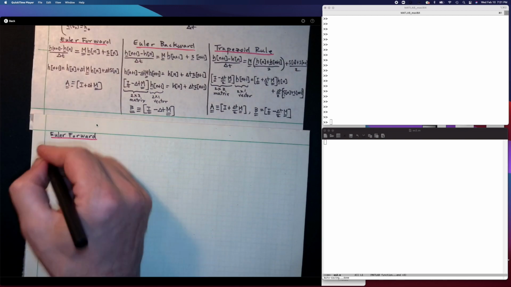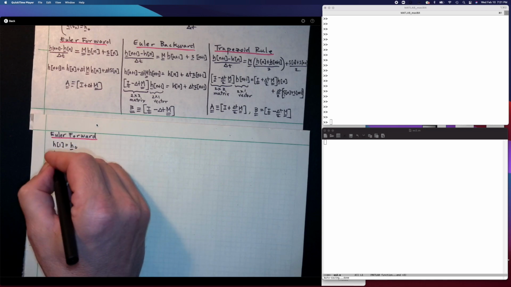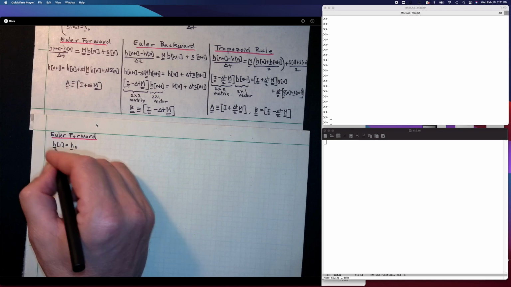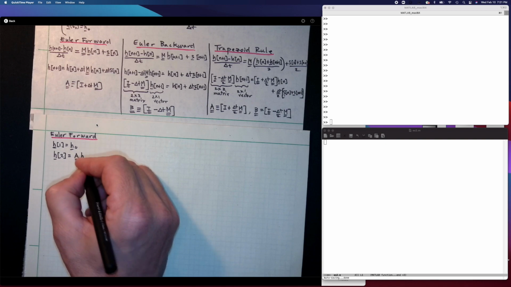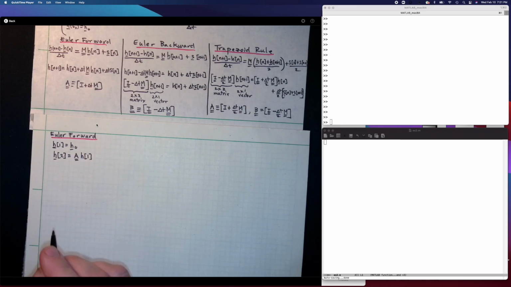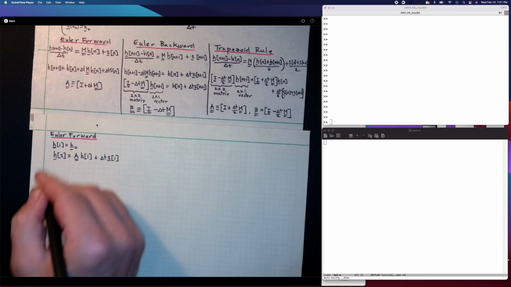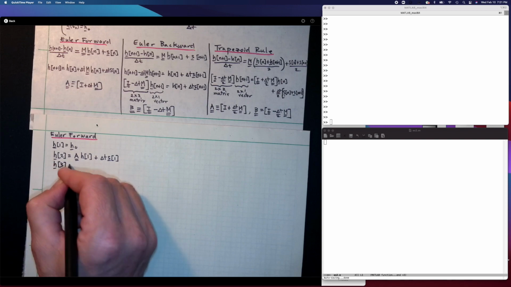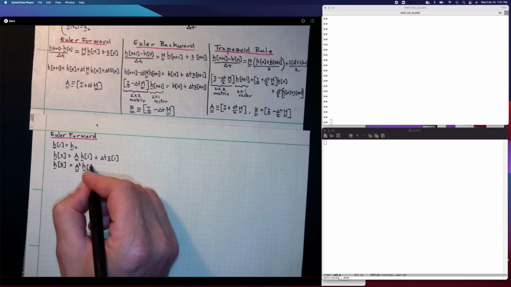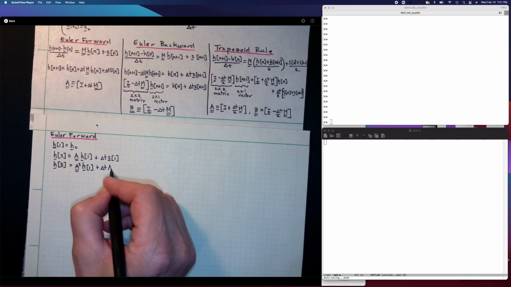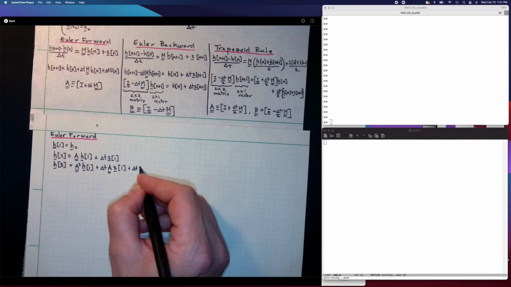Starting from the initial condition, h1 is h naught, h2 is A times h1, which is known because that's just h naught, plus delta t times s1. h3 is A squared h1 plus delta t A s1 plus delta t s2.